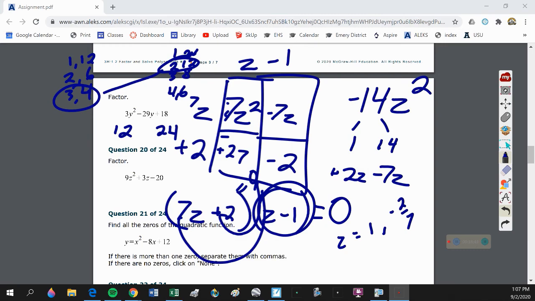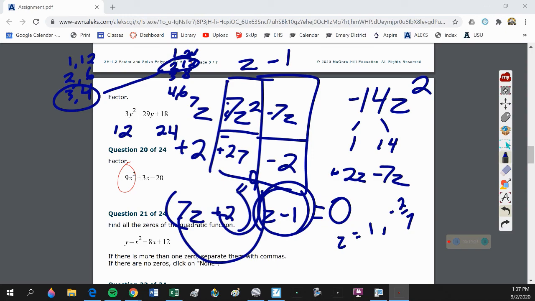And just a fun fact, if this number cannot be pulled out, then one or both of your answers will be a fraction. Okay? If you can pull the 9 out, then your answer will be an integer.